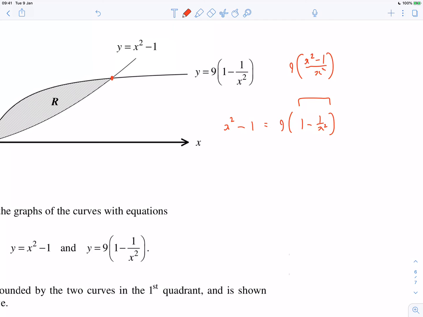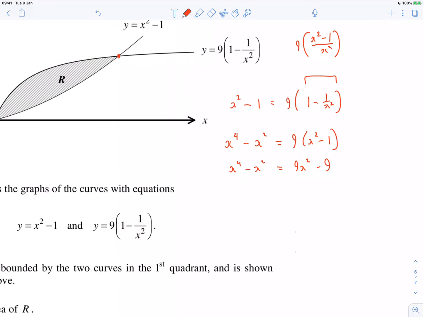And if I multiply both sides by x squared, I'm going to get x to the 4 minus x squared equals 9 lots of x squared minus 1, which is going to be x to the 4 minus x squared equals 9x squared minus 9. And if I subtract 9x squared and add 9 to both sides, I get x to the 4 minus 10x squared plus 9 equals 0.